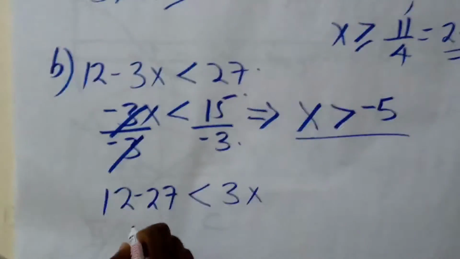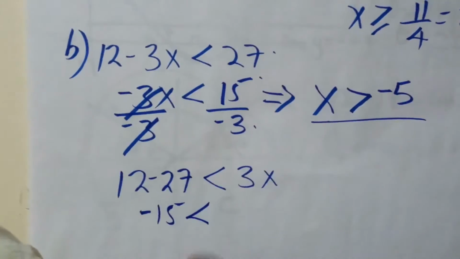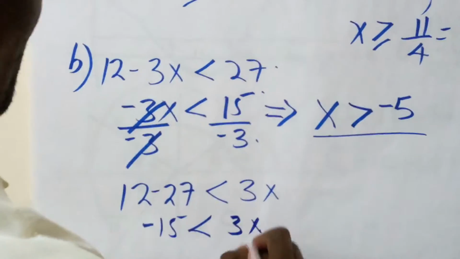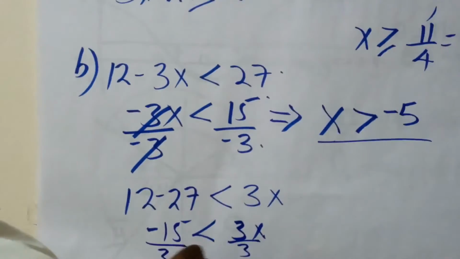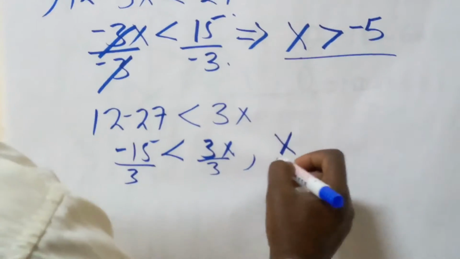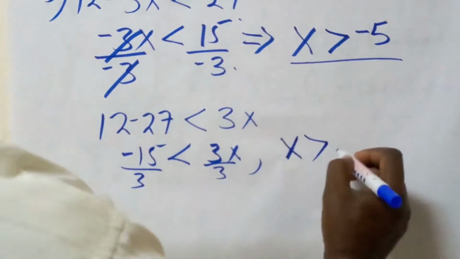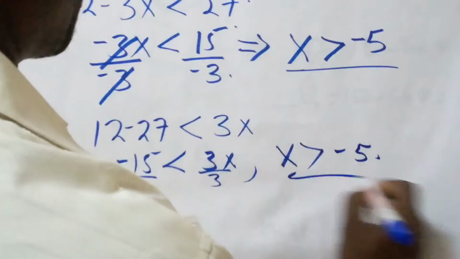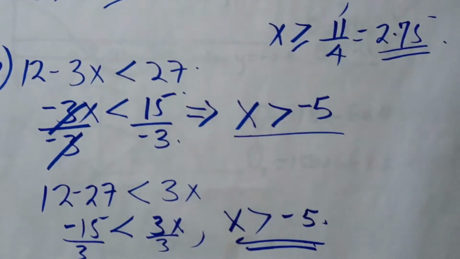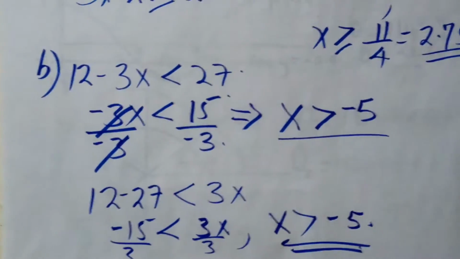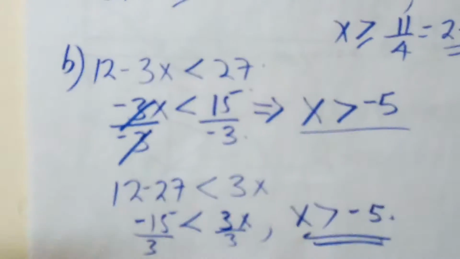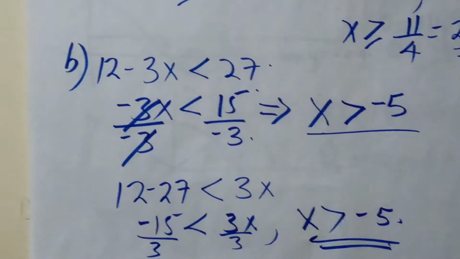And this is just going to be minus 15 is less than 3x. Divide by 3, and x is greater than minus 5. You get the same answer. But remember, every time you divide an inequality by a negative number, you reverse the inequality.